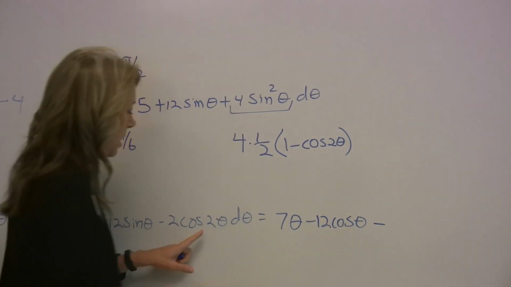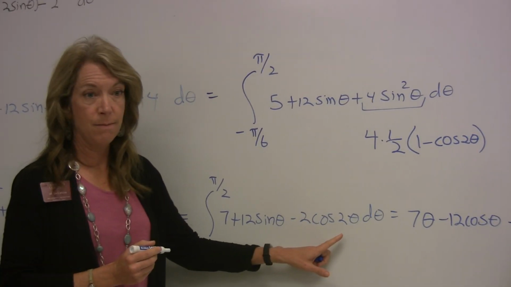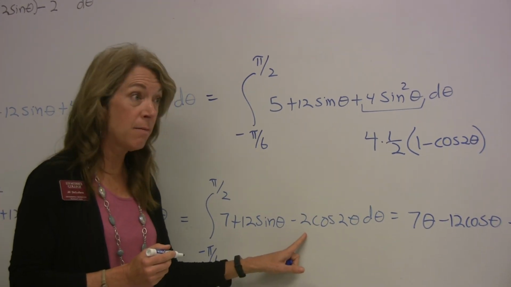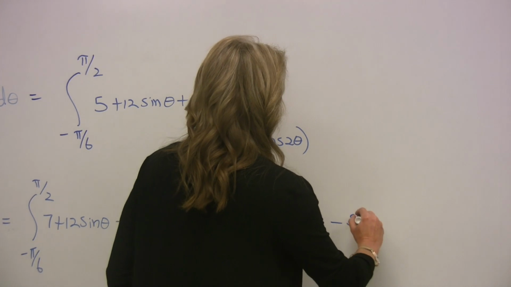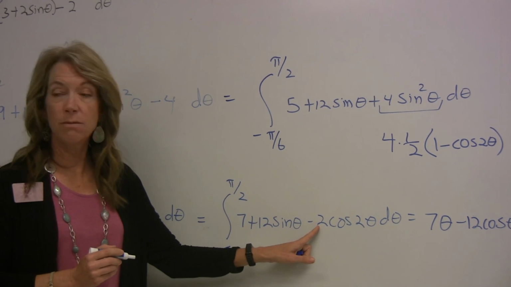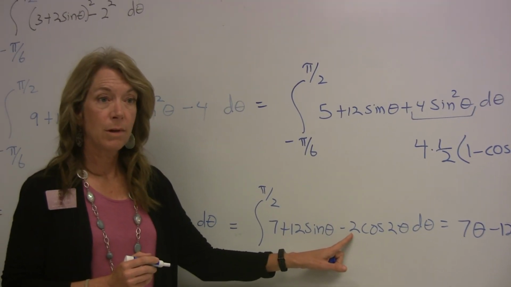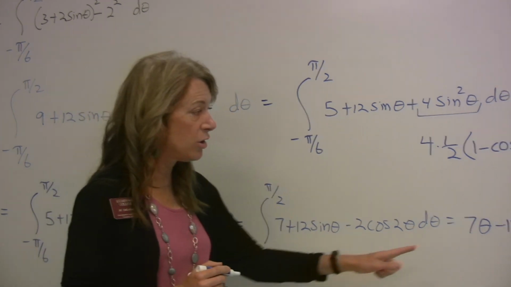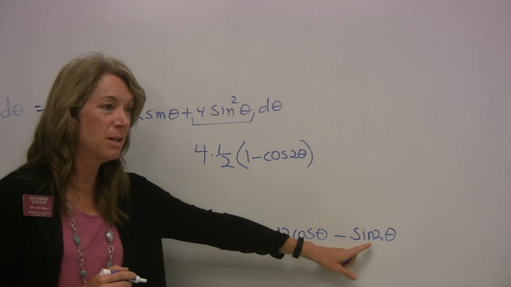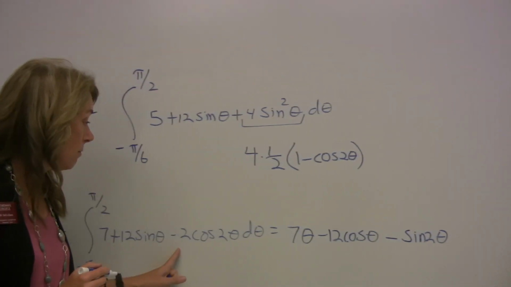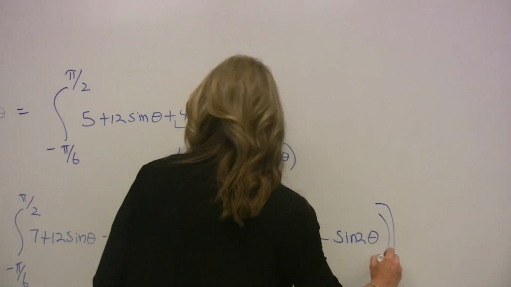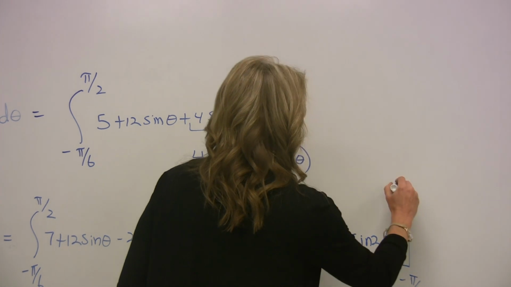Minus the integral of 2 cosine 2 theta is sine 2 theta over 2, which is going to reduce with this guy, so we just have a sine 2 theta. There was a 2 out here and we divide by 2. Reverse chain rule: if you're not sure, take the derivative of this and see if you get that. That's the easiest way to do it. Derivative of this would be cosine 2 theta times the derivative of the inside. There it is. And then we need to evaluate all of that between negative pi over 6 and pi over 2.